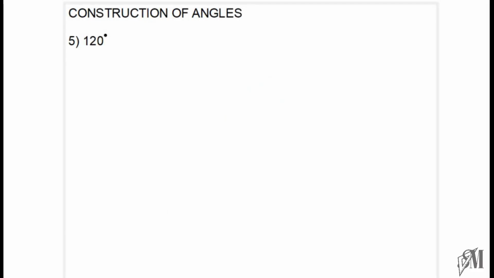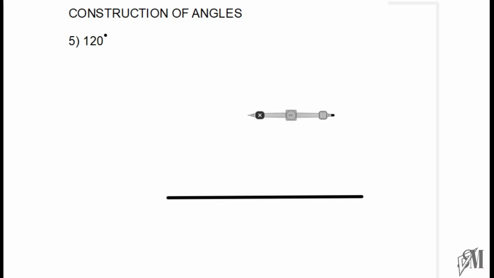The next is the construction of 120 degrees. So here we draw a straight line like this. Then take your compass, place it at one of the ends of the straight line and draw an arc of somewhat greater length, because 120 degrees is greater than 90 degrees. That means it's an obtuse angle.